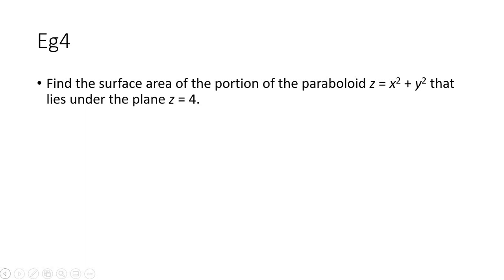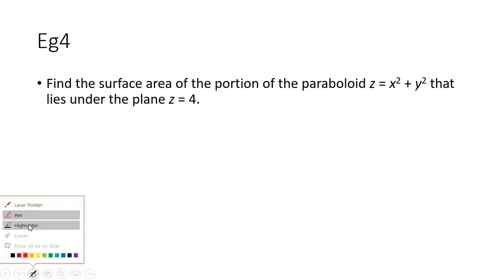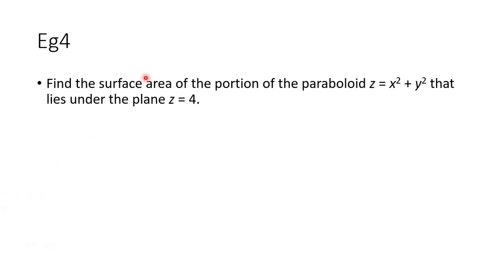Okay, the fourth one. Find the surface area of the portion of the paraboloid z equal to x squared plus y squared that lies under the plane z equal to 4.